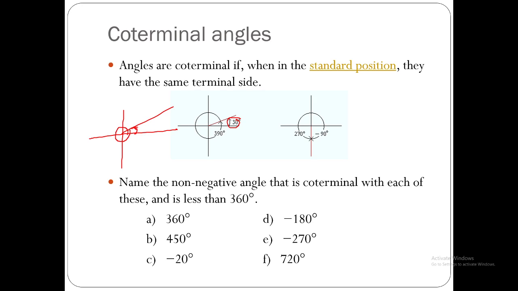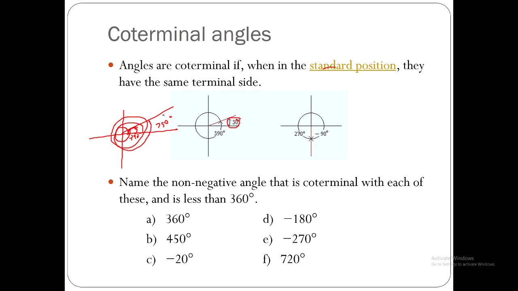And you rotate another 30, that's 390 degrees. So, they are coterminal, no? They are in the standard position and they have the same terminal side. So, one coterminal angle of 30 degrees is 390. If you rotate one more, that's 720 plus 30 again, that's 750. That's also a coterminal angle, right?